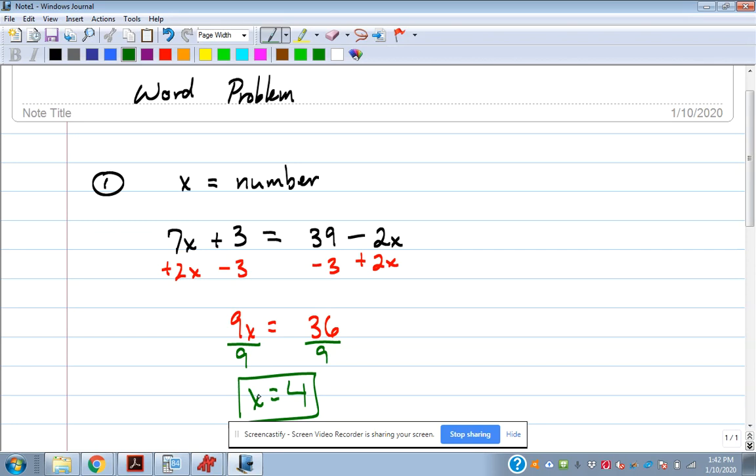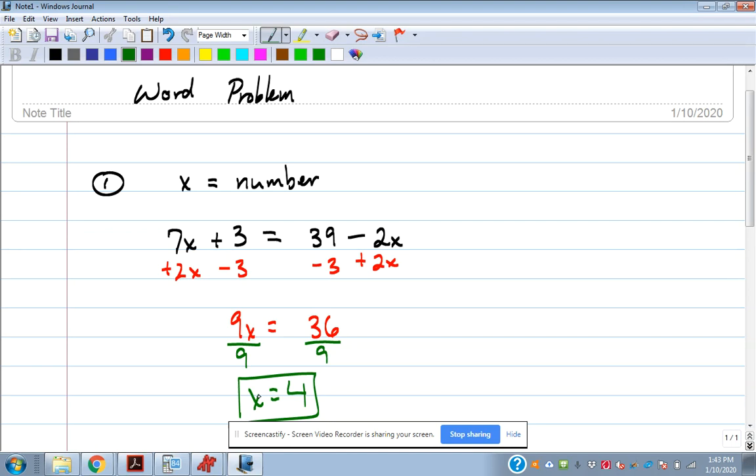So if it says a number squared, that would be x to the second power. A number cubed would be to what power? To the third power, right? And you don't get any bigger than that in this little set. If you see square root, I don't think any of these are going to be doing that. We'll get into that later on. But those key words of product, sum, difference, quotient, all of those things are fair game.